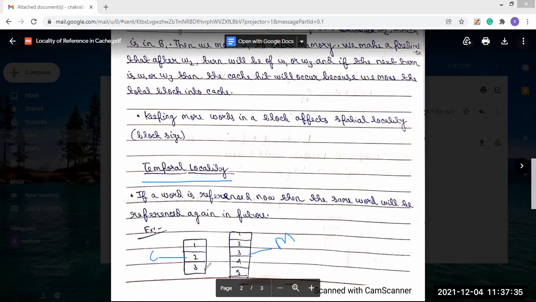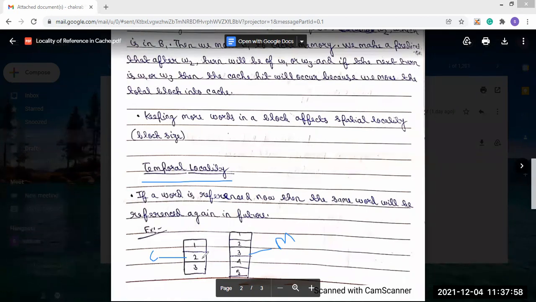No, block 4 is not present here, but block 4 is present in the main memory. Now what do we have to do? We have to move block 4 into the cache. Then the CPU will access that block 4. But where will we move this block 4? Because the cache is already full.